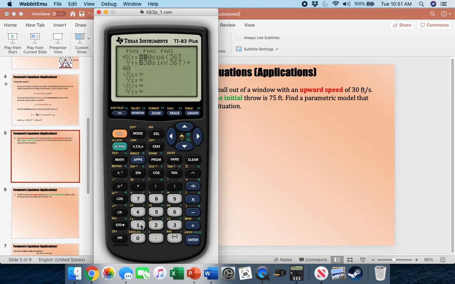This time I want you to put 1 in here, because with just a constant, my horizontal doesn't change. And then here, type -16. And think about your window. What do we want?